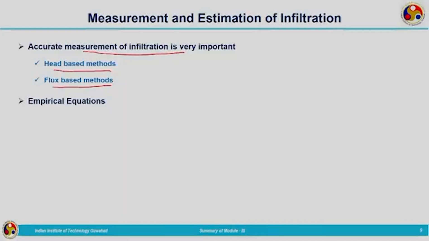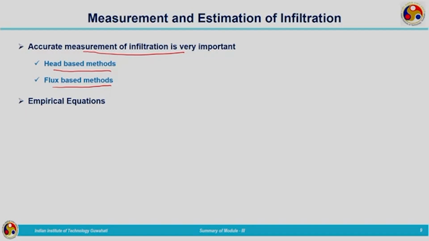We were giving importance to commonly used head based approaches based on the infiltrometers. And the double ring infiltrometer in detail we have seen. We have started with single ring infiltrometer and then we have moved on to double ring infiltrometer.